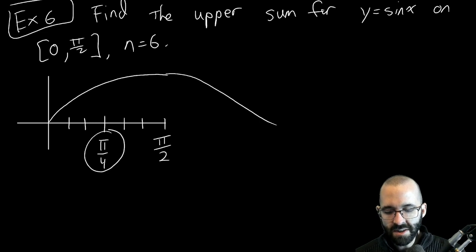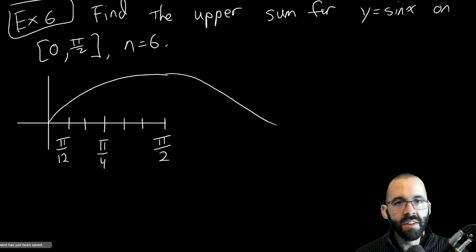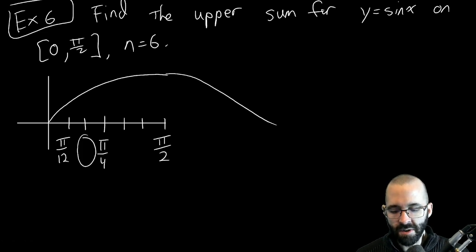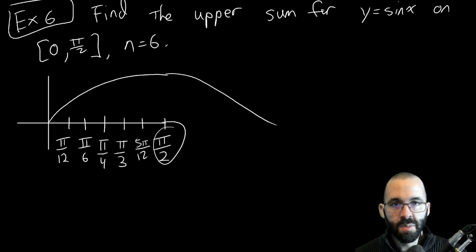But this first one, that's just going to be a third of pi over 4, pi over 12. Well, they all have the same length. So this will be 2 pi over 12, which is pi over 6. That's 3 pi over 12, 4 pi over 12, 5 pi over 12, and 6 pi over 12.